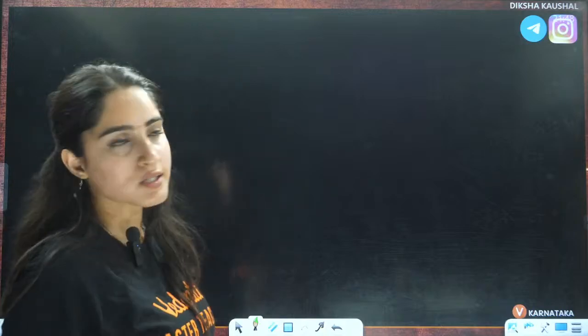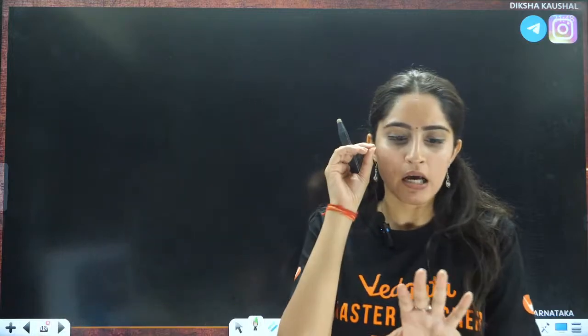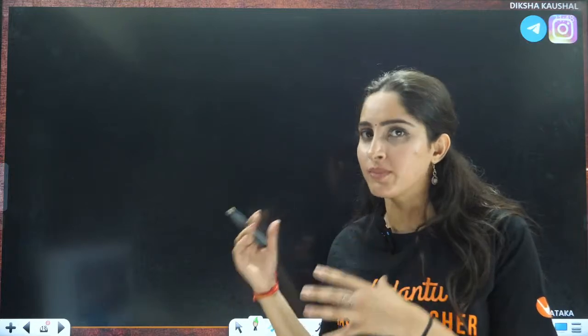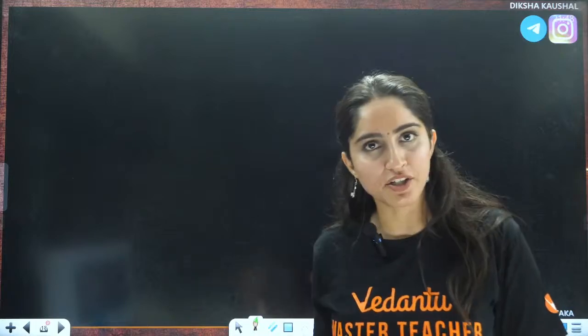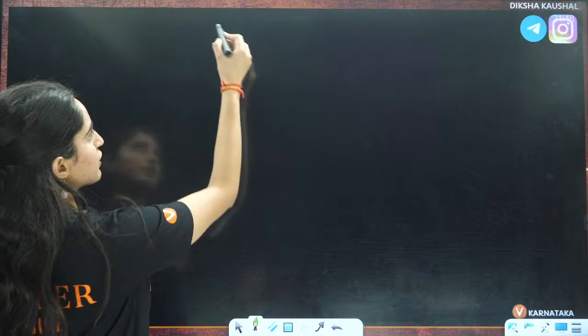Now, let us see in questions how to apply the formula. They will most probably ask numericals, and I can give you the highest probability that if they ask a numerical from this chapter, it is either from the Arrhenius equation or from first order reaction, right? So now, let us talk about the first order reaction.